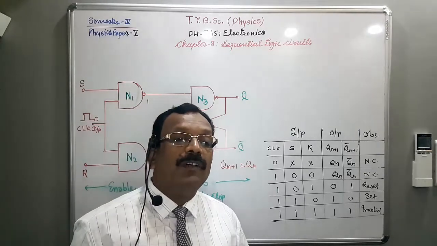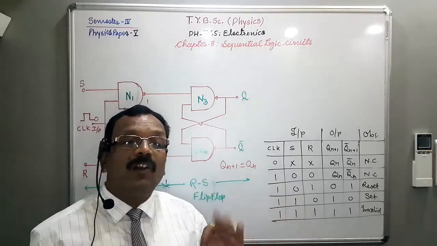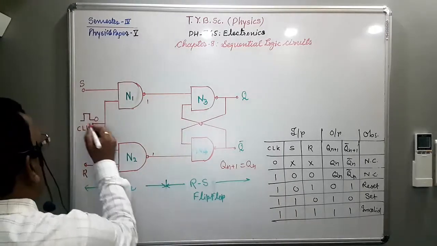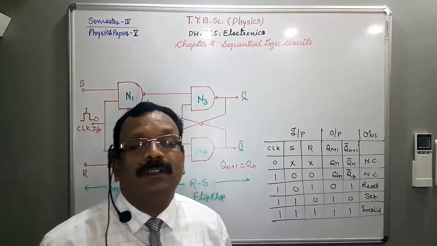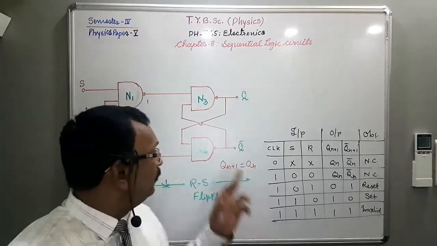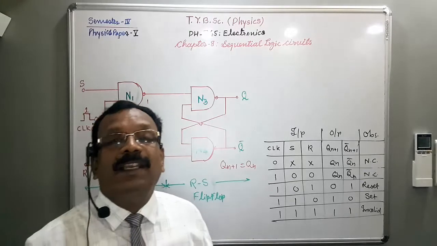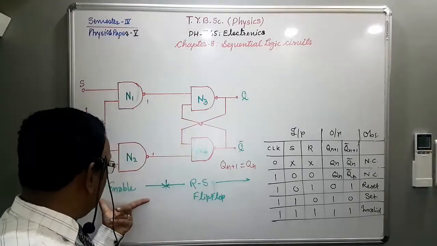Now consider the case when the clock pulse is high, that is logically 1. Both the NAND gates N1 and N2 are enabled. So this is the enabled section.